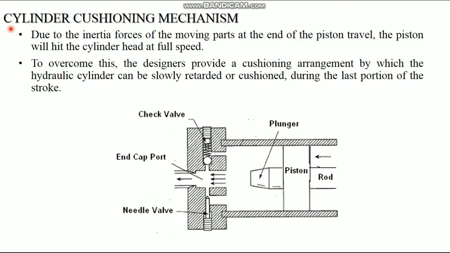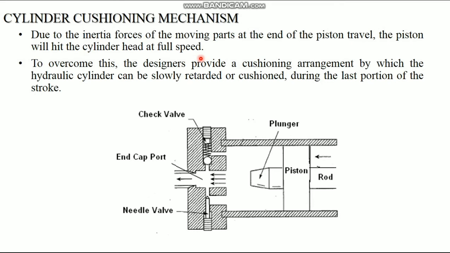Then this is an important mechanism used in double acting cylinders. It is the cylinder cushioning mechanism. In many hydraulic double acting cylinders, due to the inertia force of the moving parts at the end of the piston travel, the piston will hit the cylinder head at full speed.